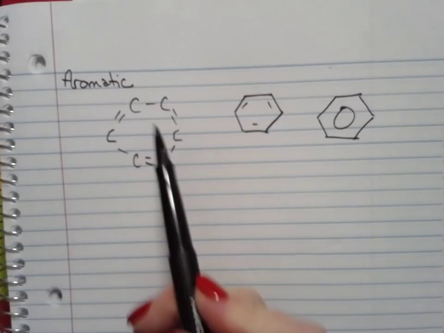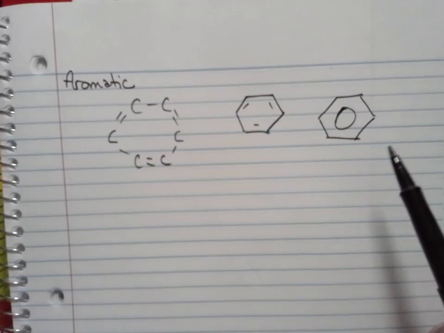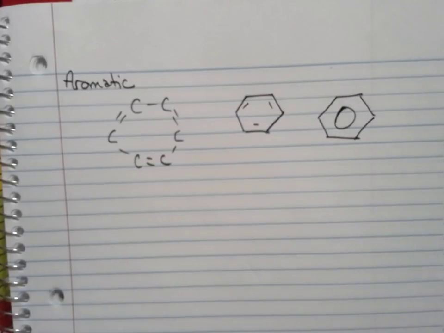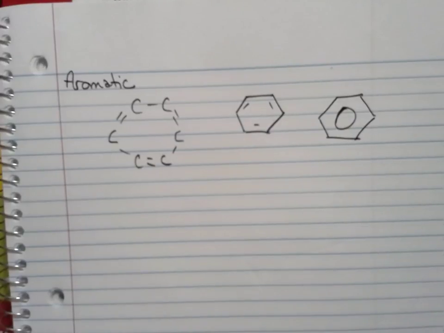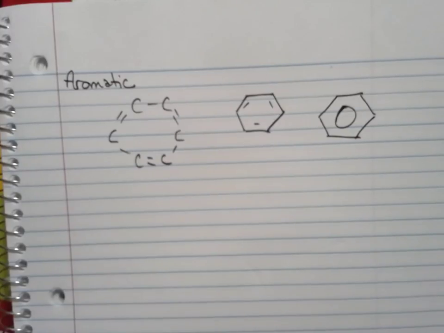And so the concept of drawing the circle here is showing that those electrons are actually kind of going around and being shared by all of those carbons. When we do structures, a lot of these things are going to be much more easy to see, but right now, remember, we're just getting an introduction to what these functional groups are, and I'm just pointing out some of the main little things that you need to look out for whenever you're doing this.